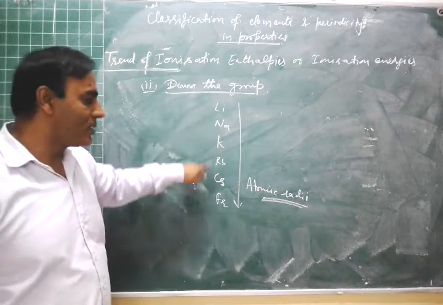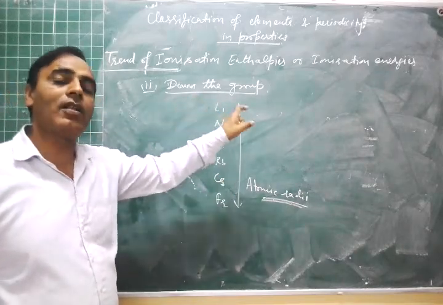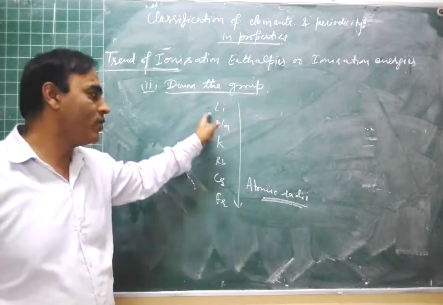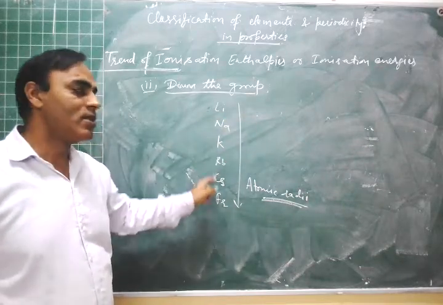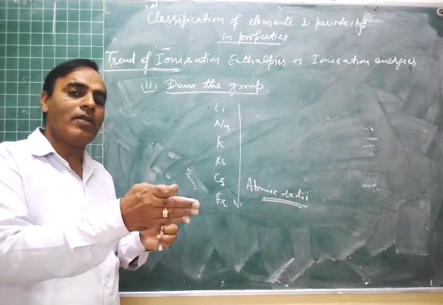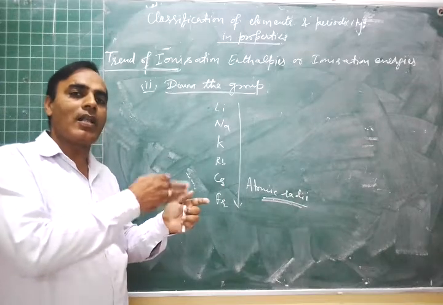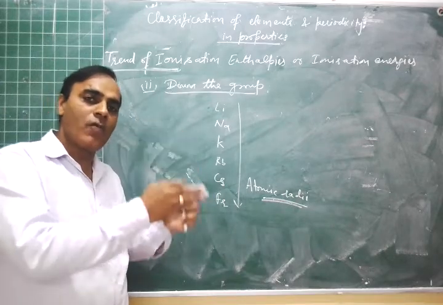Atomic radii increases means the distance between nucleus and the last shell electrons increases as we move down the group. So distance increases between nucleus and the last shell electrons, and due to this the force of attraction between nucleus and the last shell electrons decreases as we move down the group.